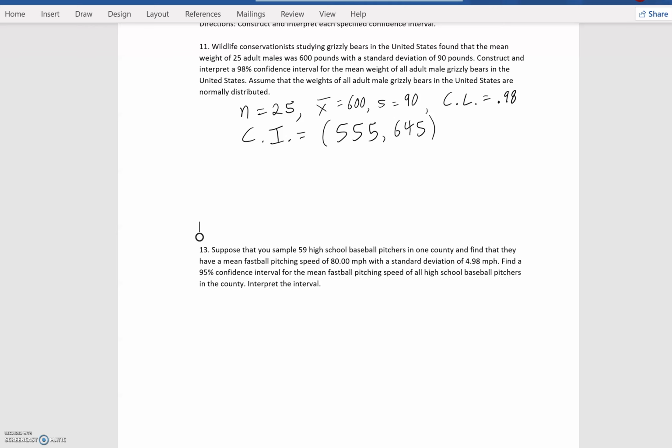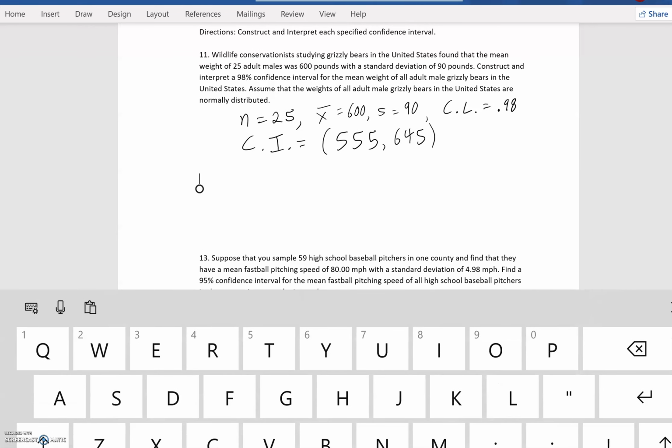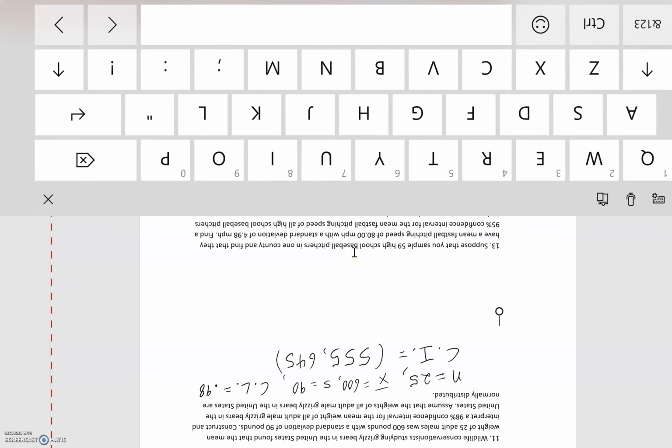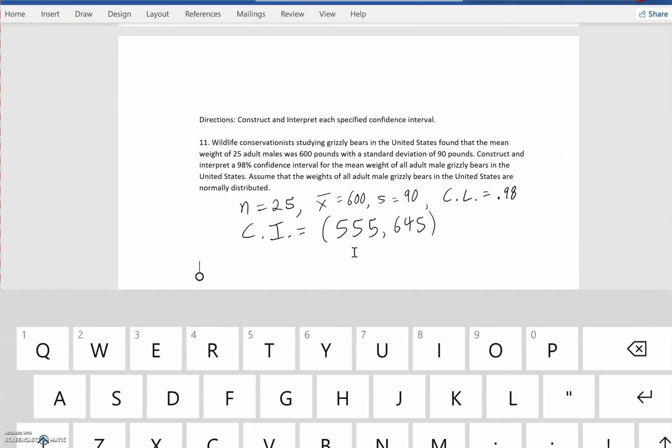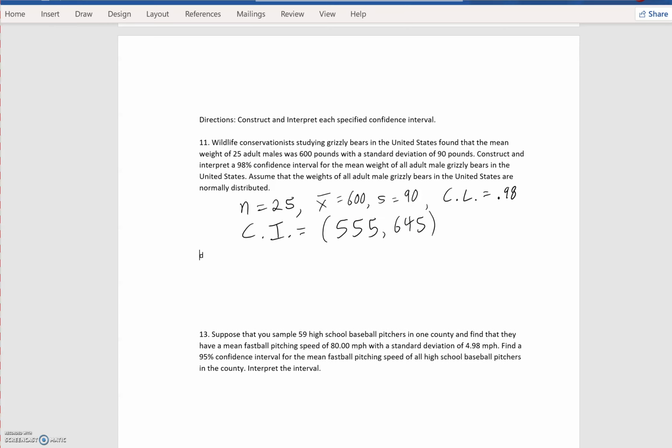Bear in mind, in these problems from the textbook, it asks me to construct and interpret each specified confidence interval. So interpreting the confidence interval, let me write down the interpretation here. Sorry about that.